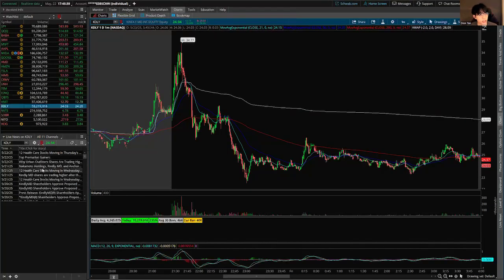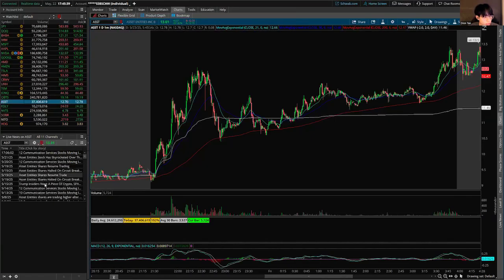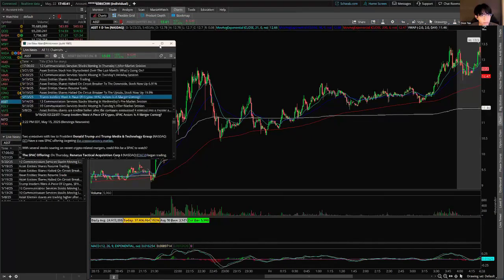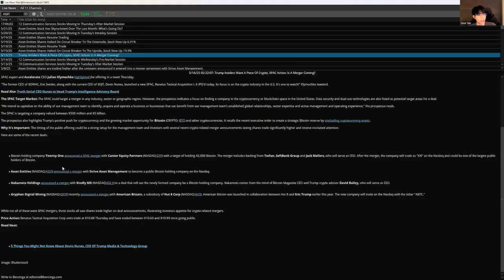And if you look at this small article that I have over here for you guys, just look at this over here. You can clearly see that ASST and KDLY are under the Bitcoin category type of play, where ASST has a merger with Strive Asset Management, and KDLY with Nakamoto Holdings.